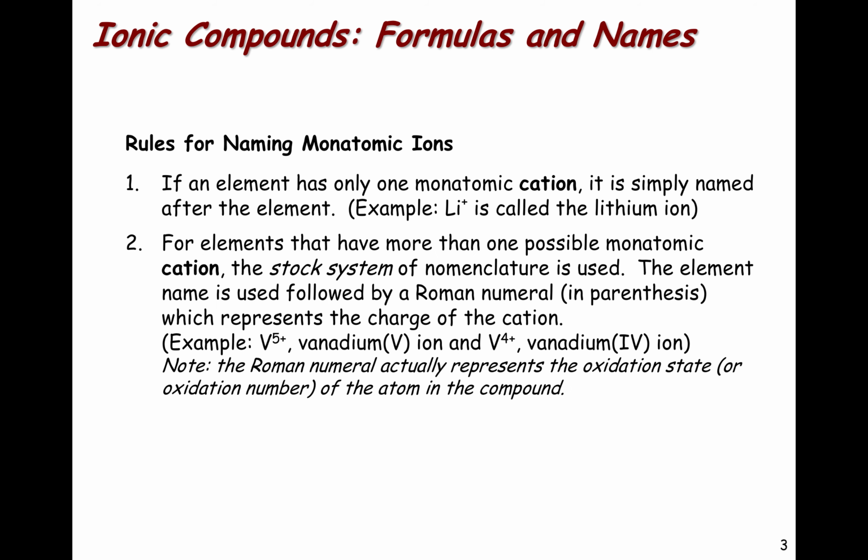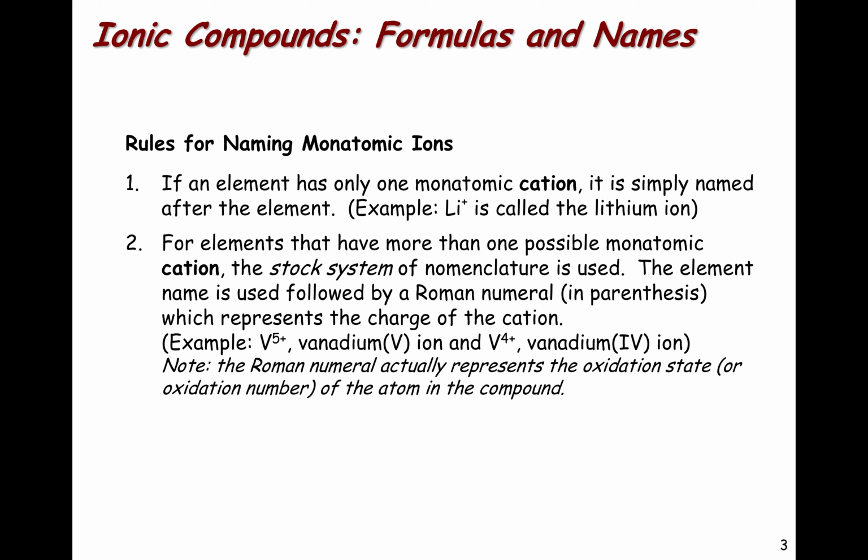For elements that are in the D block, or the transition metals, since they have more than one possible positive charge, we have to somehow differentiate between the various positively charged ions. To do that, we add a Roman numeral after the element's name.